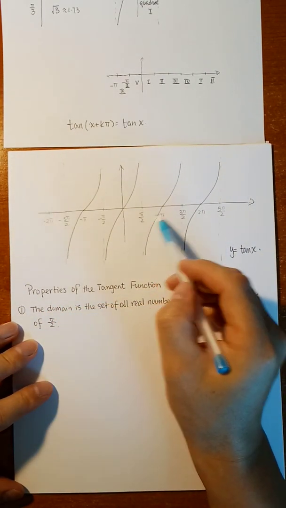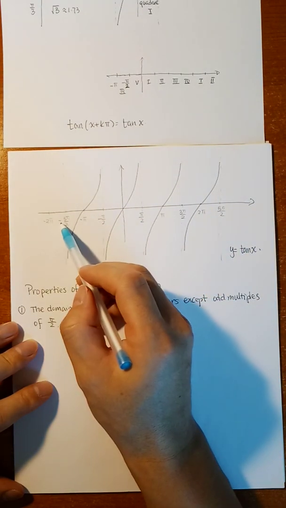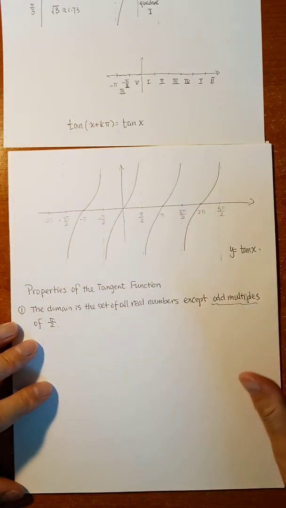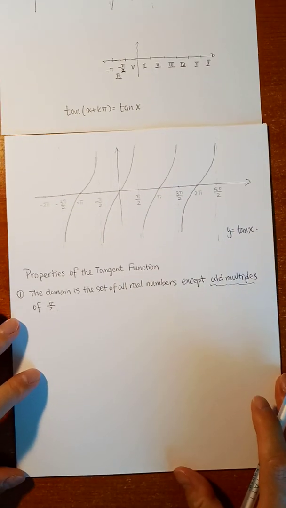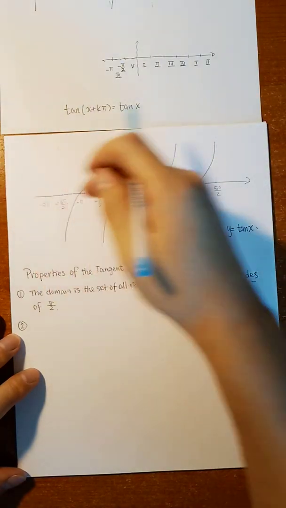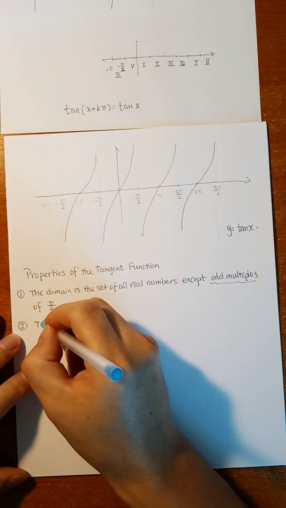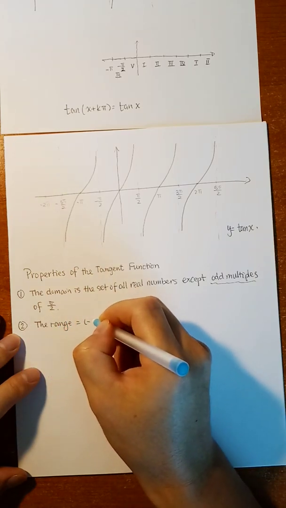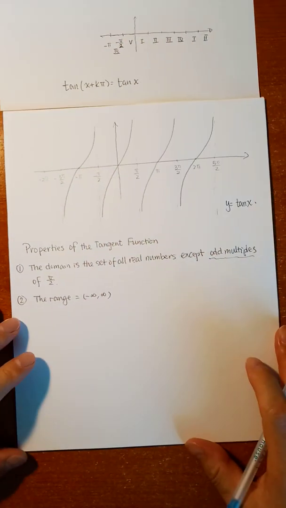So you see here, pi over 2, 3 pi over 2, 5 pi over 2, 7 pi over 2, or negative pi over 2, negative 3 pi over 2, negative 5 pi over 2. So that's why you exclude the odd multiples. This is how you study it horizontally. If you study it vertically, the range is from negative infinity to positive infinity. So it covers the whole y-axis.